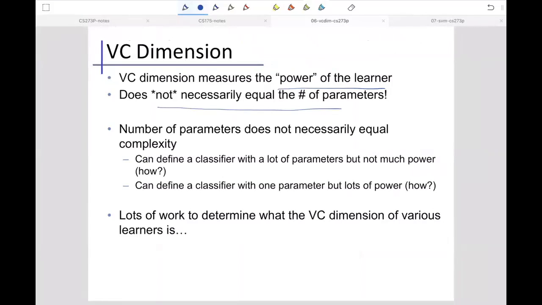The higher the VC dimension, the more power the model has. So this is very important: the number of parameters does not necessarily equal complexity. In fact, you can define a classifier with lots of parameters but not much power. I'll give you examples later on. And you can also define a classifier with 1 parameter but with lots of power. So that's also possible.